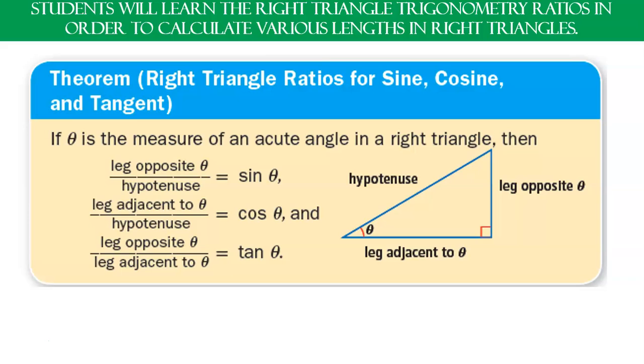So there are a couple of different mnemonics. Mnemonics are memory devices that people have come up with through the years to help us to remember that the sine is opposite over hypotenuse, cosine is adjacent over hypotenuse, and the tangent is opposite over adjacent. One of those mnemonics is SohCahToa, okay?